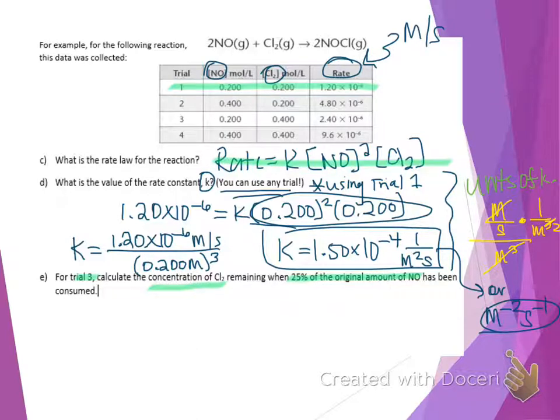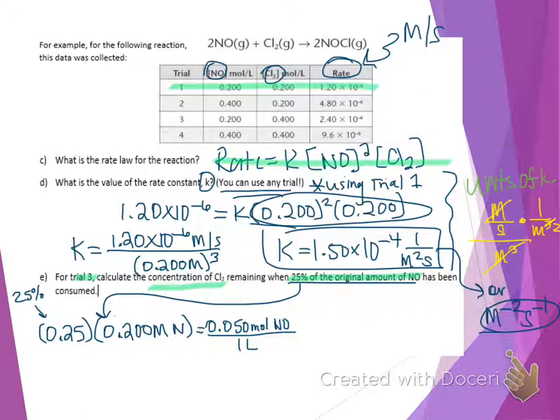We have to figure out how much NO is 25% of the original amount. That's how much NO reacted. If we know how much NO reacted, we can figure out how much Cl2 reacted. And then we know how much Cl2 we started with, so we can determine how much Cl2 remained.